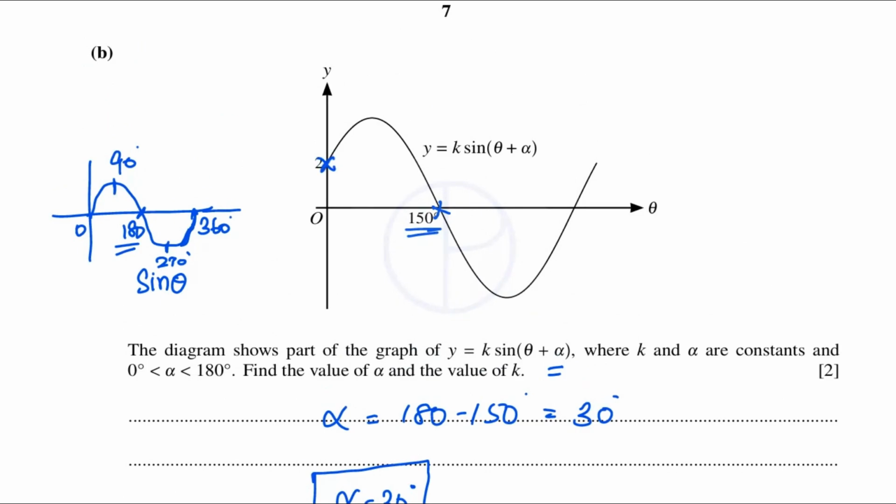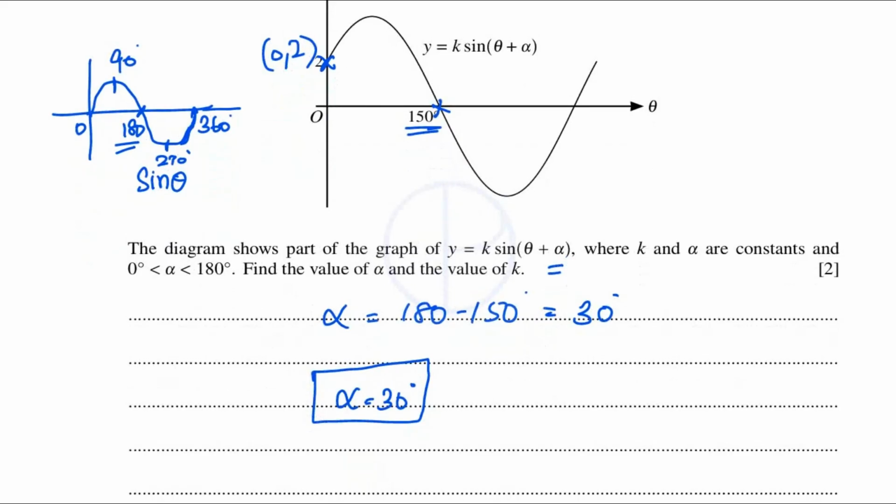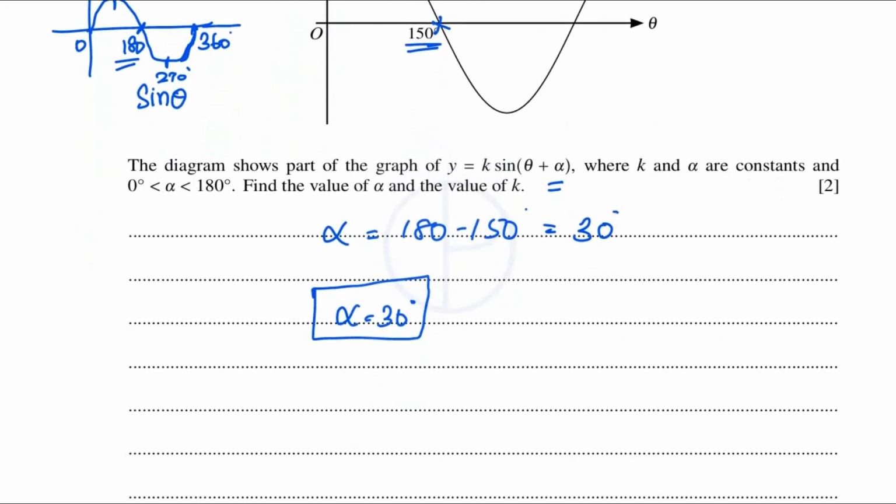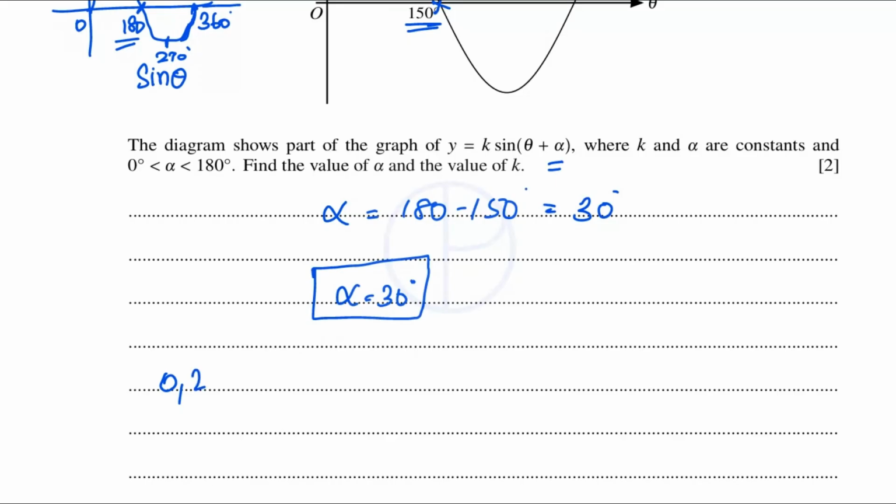And this is a point on the curve, and the value is given as 2. So x is 0 and y is 2. Okay. This is a point which lies on the curve. So it will satisfy the equation of the curve. Let's substitute 0, 2 in the equation of the graph. So 2 is k times sine of theta plus alpha.